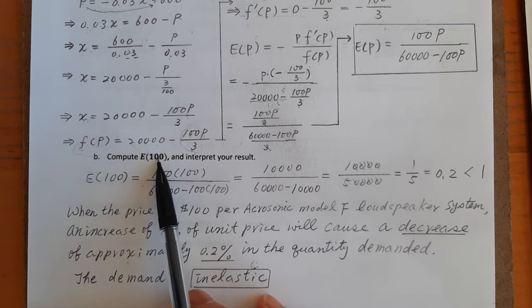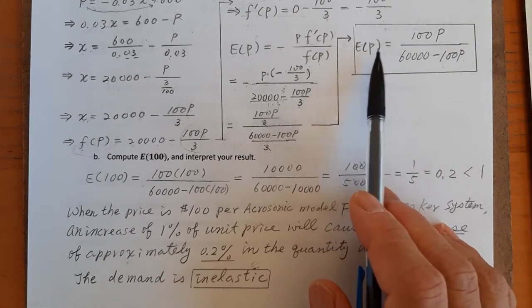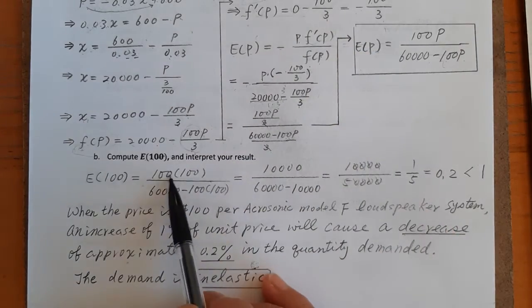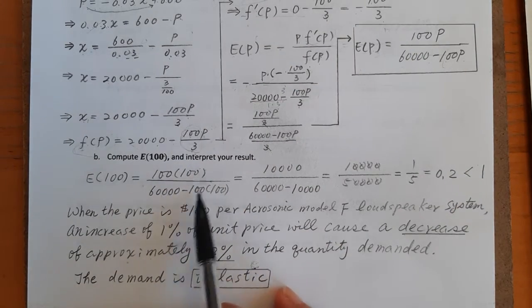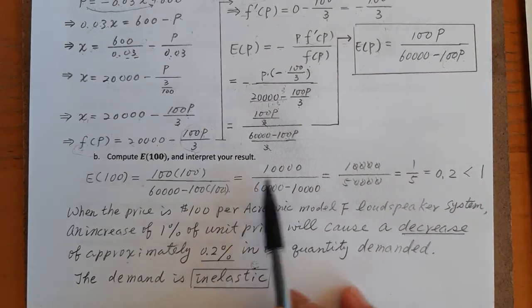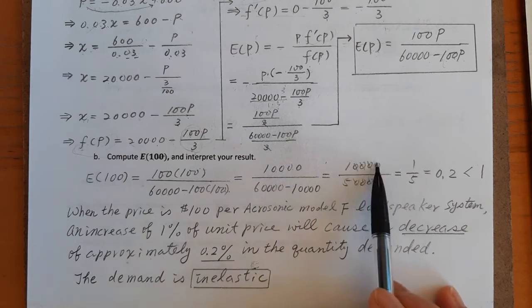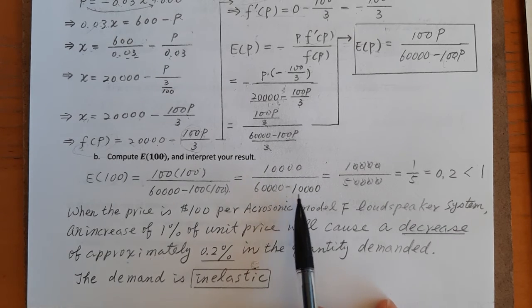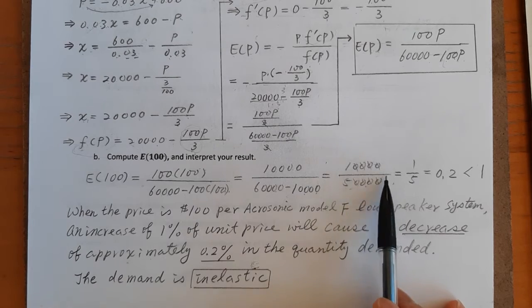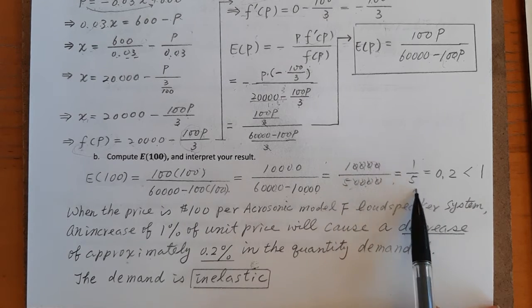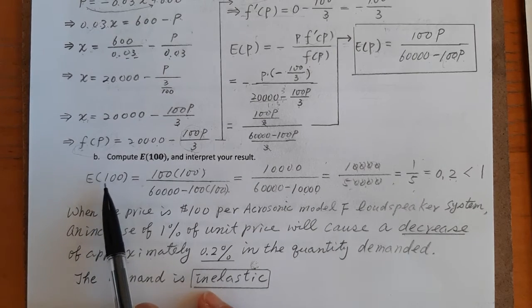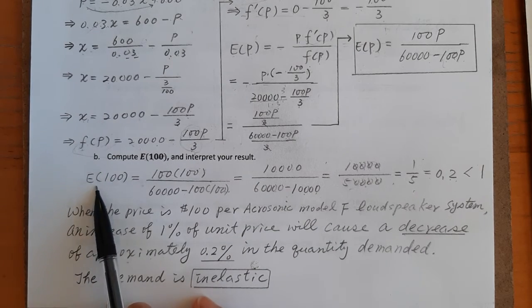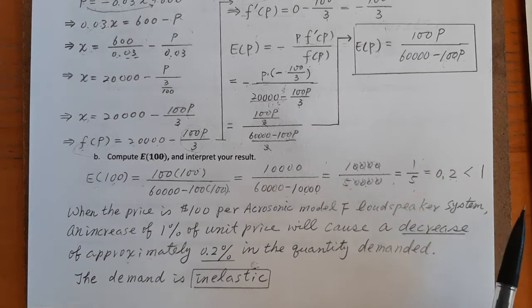When the price is $100, plug in 100. So 100 times 100 is 10,000 over 60,000 minus 100 times 100, which is 60,000 minus 10,000, 50,000. Dividing, the zeros cancel, giving 1 over 5, equals 0.2, which is less than 1. So when the price is 100, elasticity is less than 1.